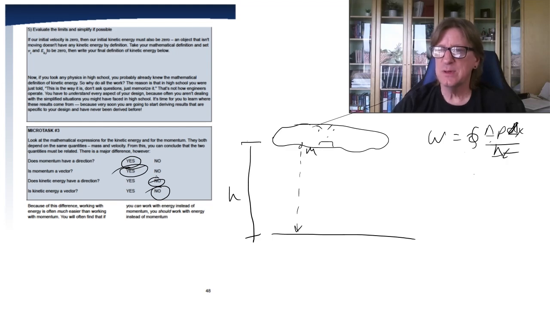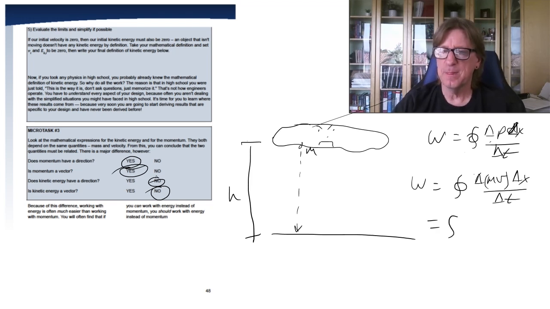Well, let's do a little bit of rearranging. Work then would be equal to delta mv delta x over delta t. Pulling my m out then, I get m delta v over delta t times delta x.